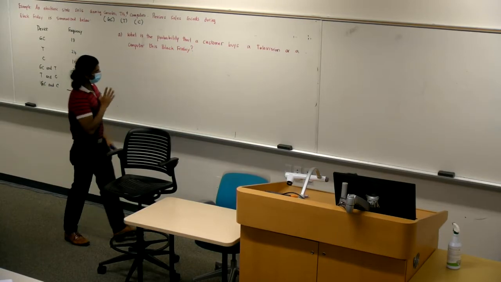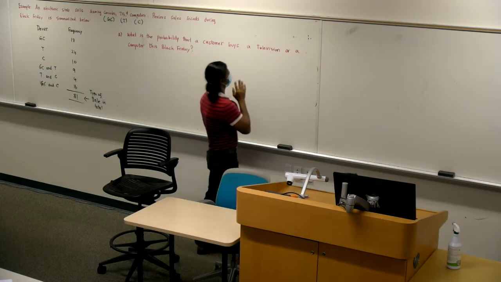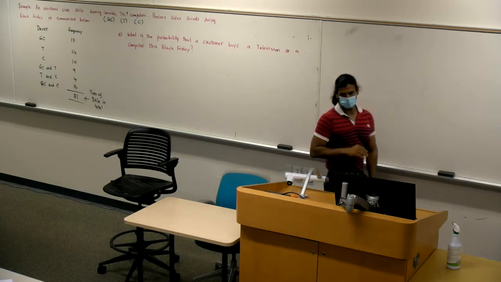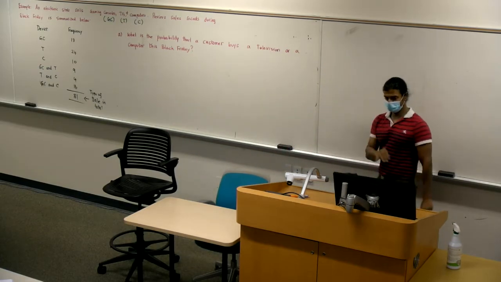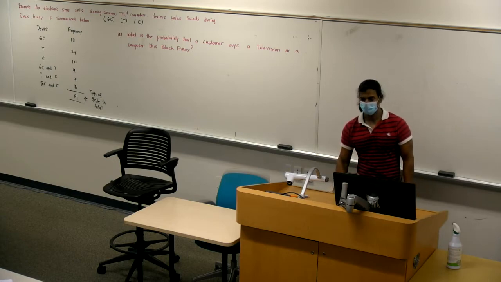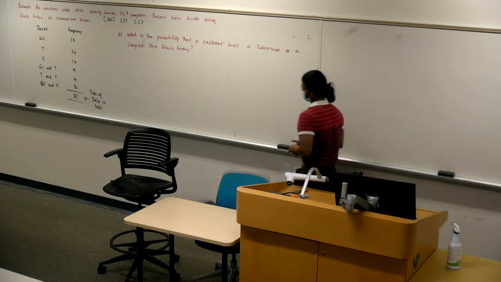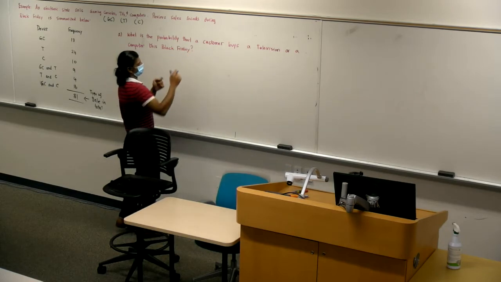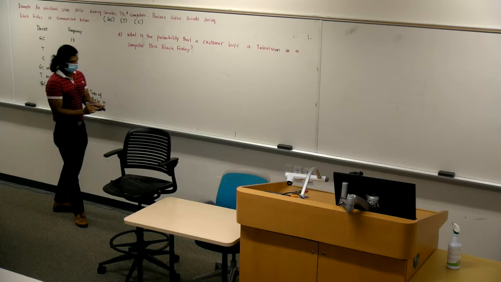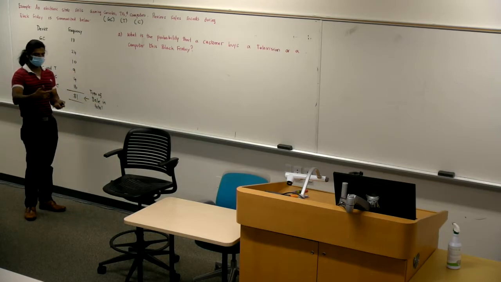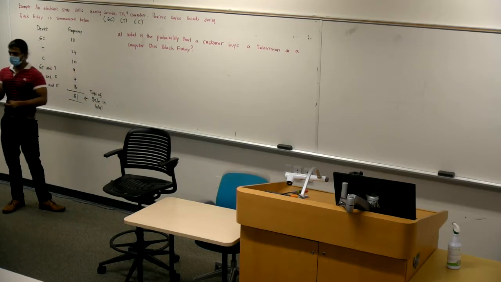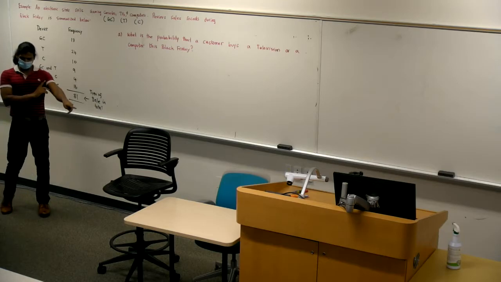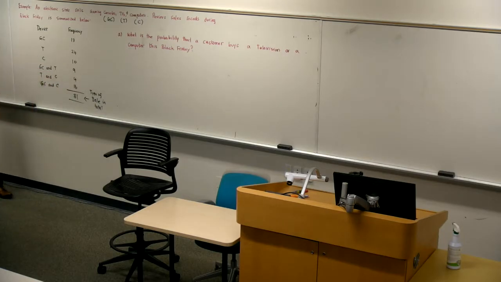We want to find the probability that a customer either buys a television or a computer this Black Friday. So a customer walks in and we'd like to know what are the chances that this customer would walk in the store and buy either a television or a computer.